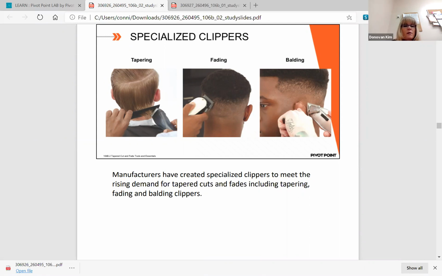So hold on a second. Let me get this blade thing up really quick. This won't take me but a minute to pull this up before we finish today, and then we can just start with these different clippers tomorrow. Let me share this with you. No, it's not in that one.